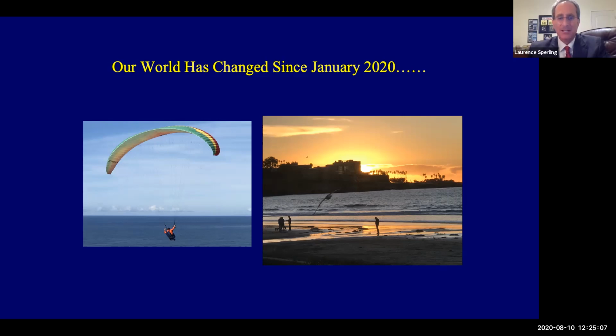That is absolutely not me doing the paragliding there. I would not do that in a million years. The photo on the right-hand side is a photo I took with the sun going down right before we met with the executive leadership team from the Right Care Initiative for dinner. So our world absolutely has changed dramatically over the past 6 months. The next slide.